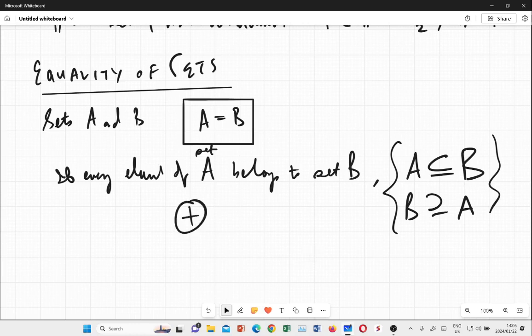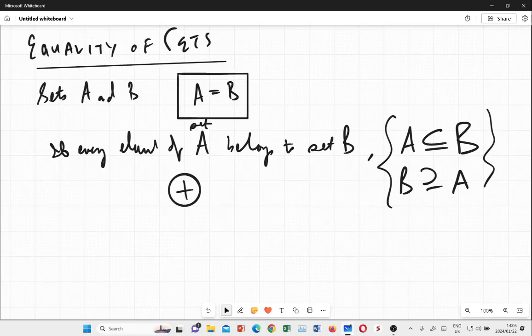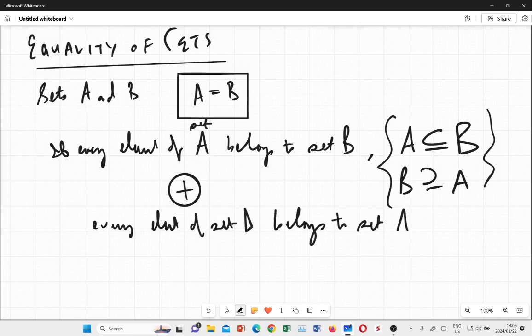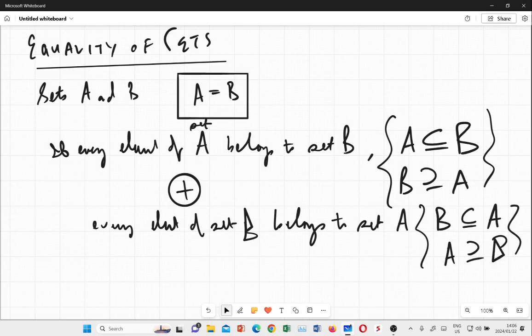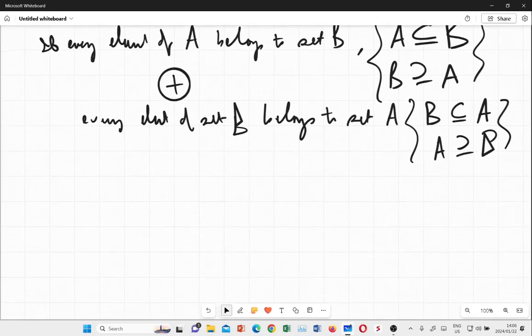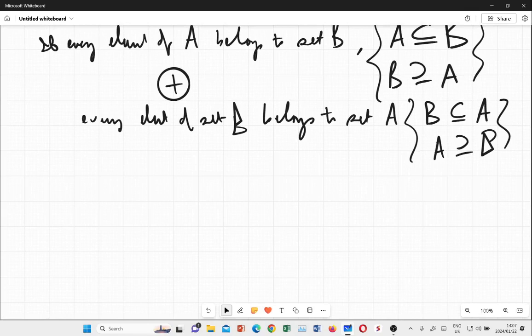And at the same time, if A and B contain the same elements or the same things, then these two families are identical. So it also requires that every element of set B also belongs to set A, and this we write as B is a subset of A. Those of you who have come from high school should have seen this as a Venn diagram.